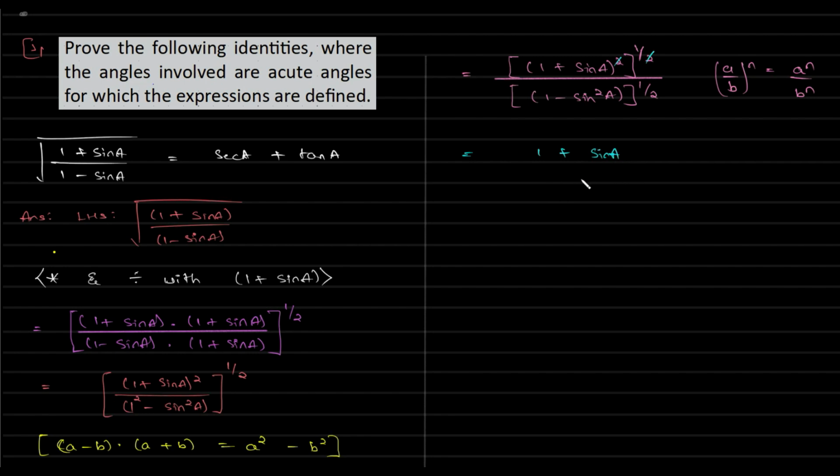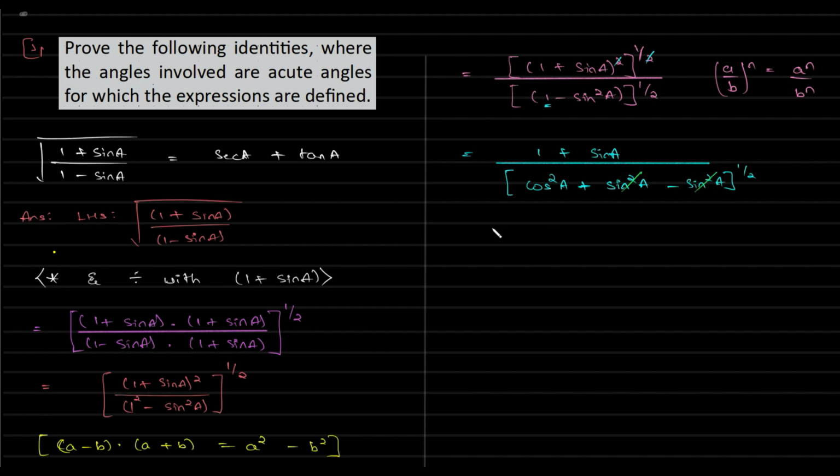So to handle that, again, I told you, in trigonometry, if you see 1, it has an identity. So in this case, it will be cos square A plus sine square A. In place of 1, we are writing this, minus sine square A, to the power of half.